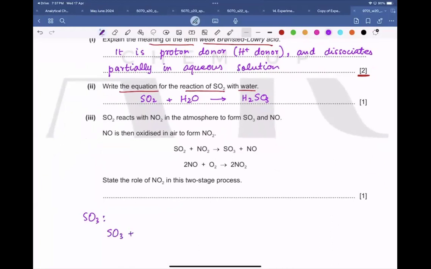So when SO3 reacts with water, you will get sulfuric acid, which is H2SO4. Okay, so keep this in mind. Whenever there is SO2, you will make sulfurous acid, H2SO3. And when there is sulfur trioxide, sulfuric acid will form on dissolving in water. Is this clear to all of you? Okay.